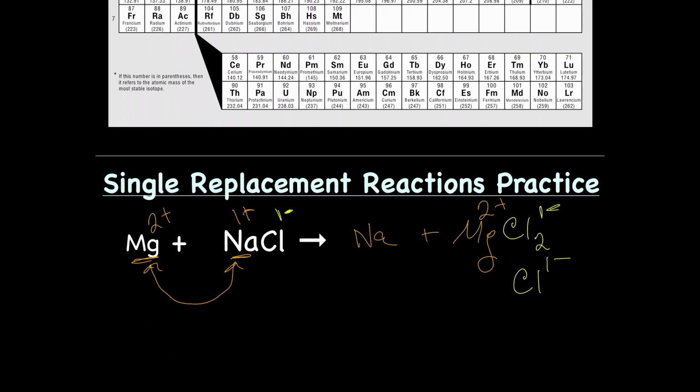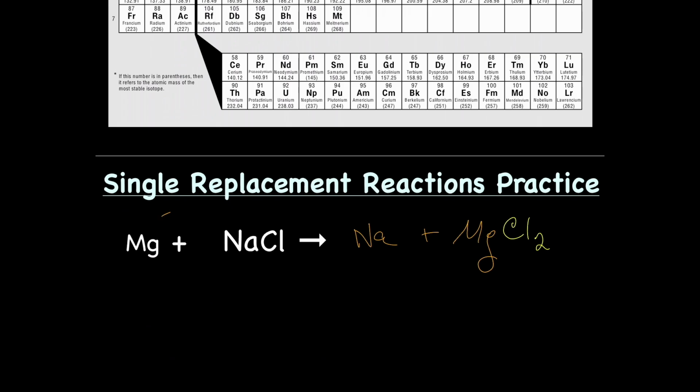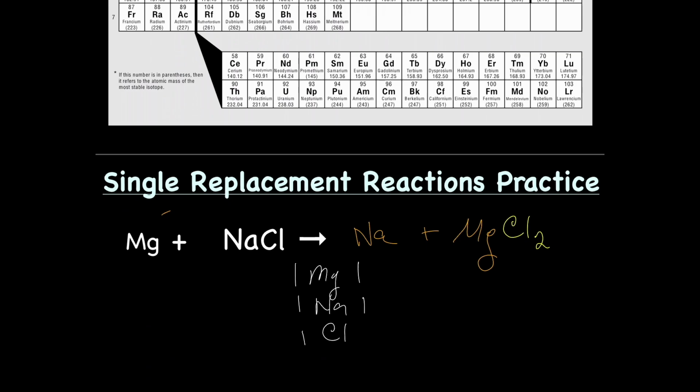All right, and let's get rid of all this extra stuff now. Make it a little easier to work with. We don't need this anymore. All right, and the last step is to balance. So we have magnesium, sodium, and chlorine, 1, 1, 1. Let's see, 1, 1, 2. All righty.